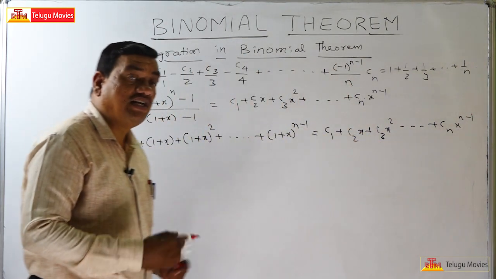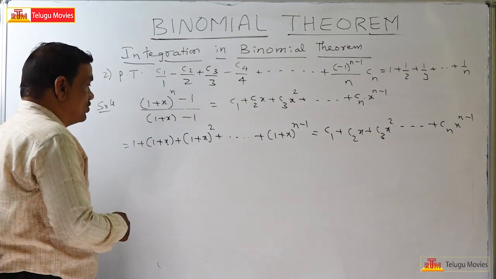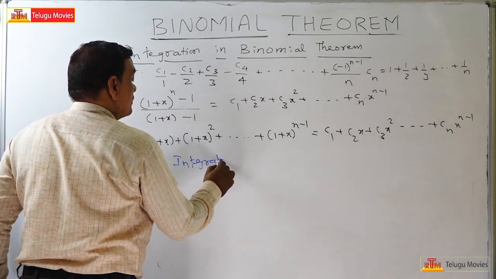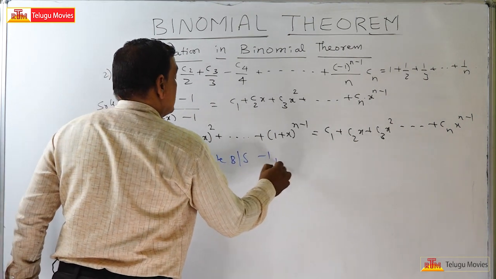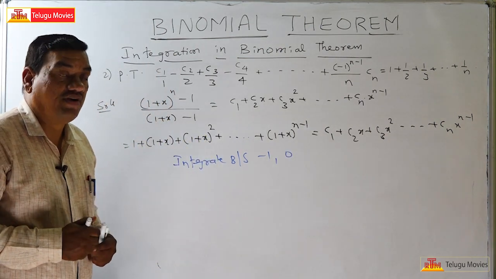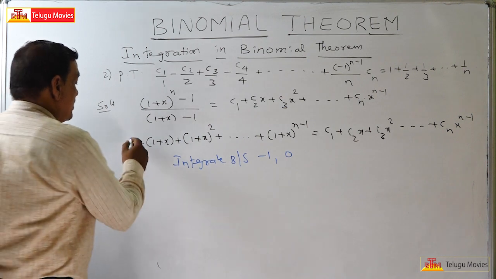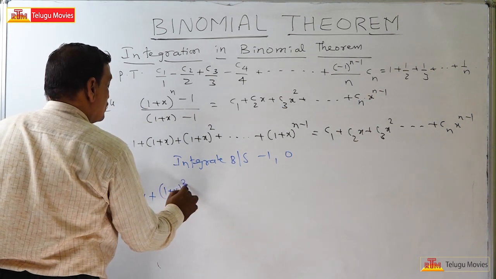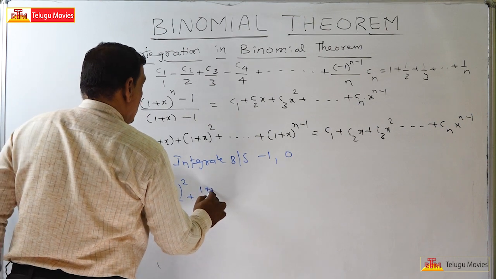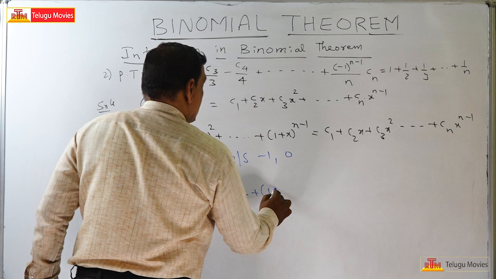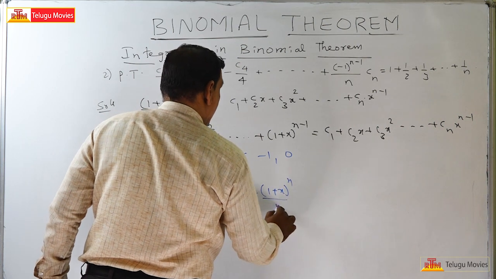Now let us integrate both sides from minus 1 to 0. This is a definite integration. What is the integration here? It is x here, (1 plus x) whole square by 2, (1 plus x) whole cube by 3, plus so on, (1 plus x) whole power n by n.